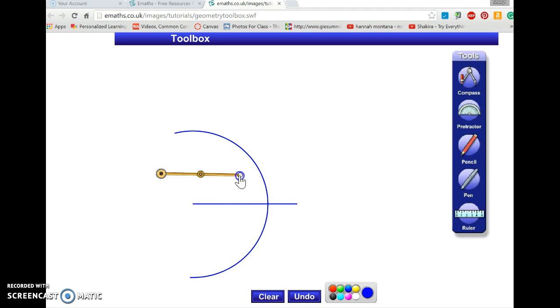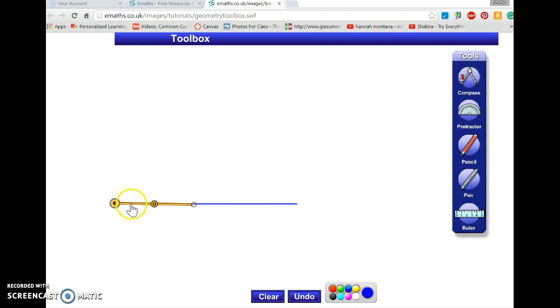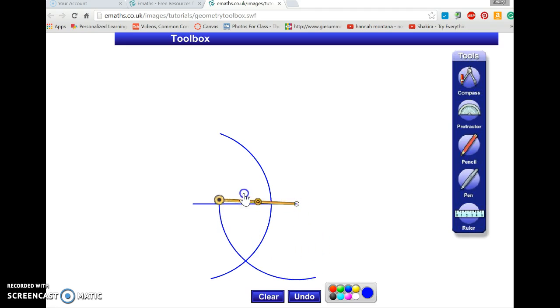So let's see if we did it right. Let's just start again. Okay, so we've got here, so we'll keep this. We'll move this over. Okay, so now we've created our perpendicular bisector.